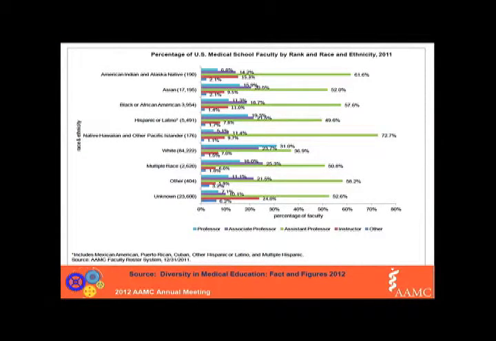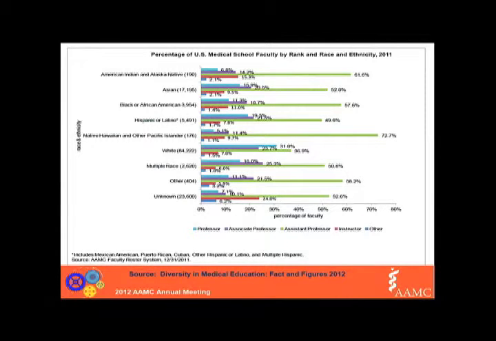The rationale was based on some of the current data at AAMC, and again, these data are available to you all as well, directly online or through the latest publication, Diversity in Medical Education, Facts and Figures 2012. Many of you have that. I think the hard copy may still be free for a short period of time, but certainly the online version is available. Let me just highlight a couple of things from that graph.